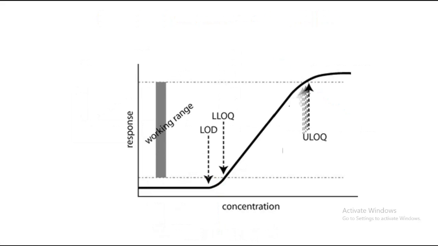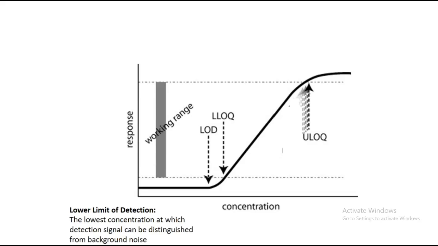But in terms of determining when you can accept results from an ELISA, there are a few definitions you need to appreciate, okay? The first is the lower limit of detection. So here it is indicated here, okay? Here, along here.